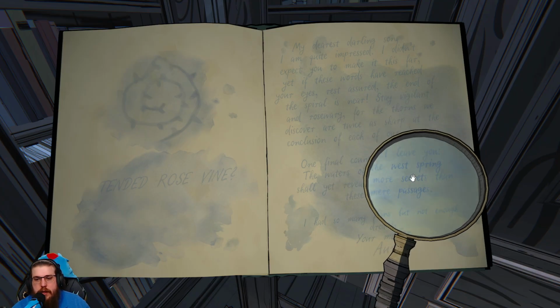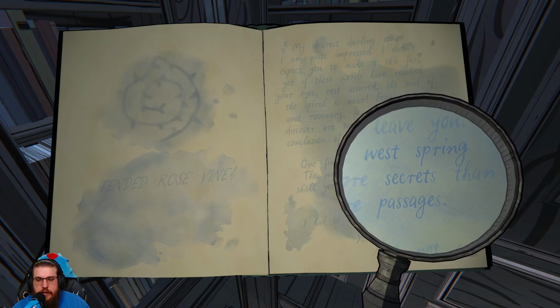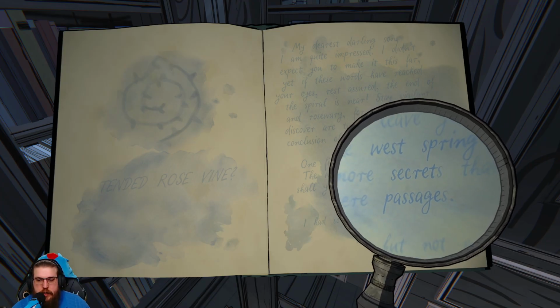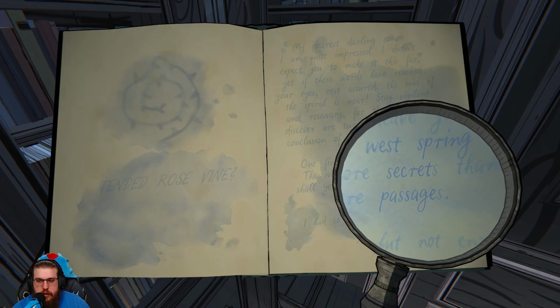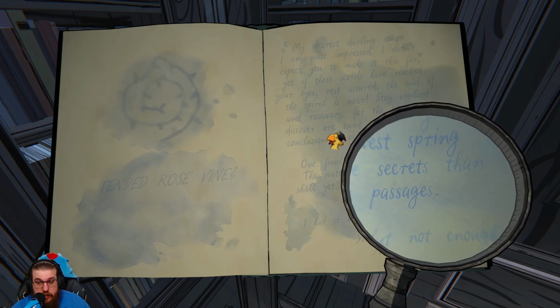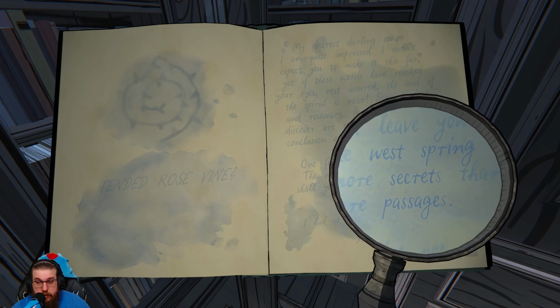Oh, it's totally not. Look at the second S in secrets. So it says West Spring Secret Passage. Actually, the third S in passages is fainter than the rest of it as well. So those are West Spring Secret Passage.